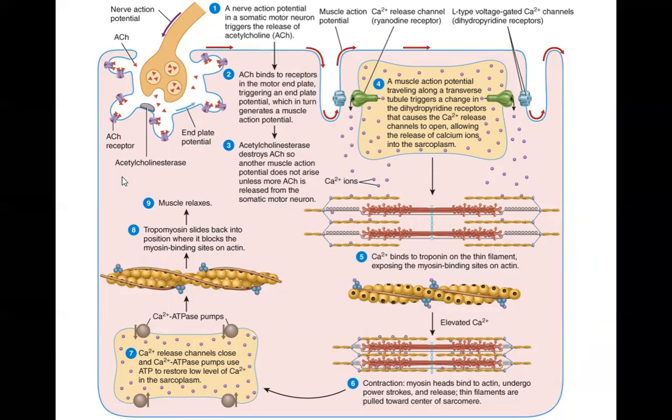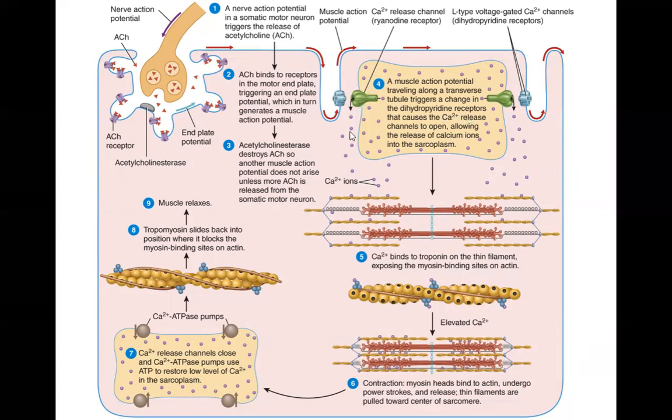So starting at the top, a nerve signal travels down to the synaptic end bulb of our somatic motor neurons, triggering the release of acetylcholine, causing it to bind to receptors on the motor end plate, which causes an action potential if we have enough sodium rushing in. The action potential travels down into the T-tubules, triggering the release of calcium from calcium release channels.